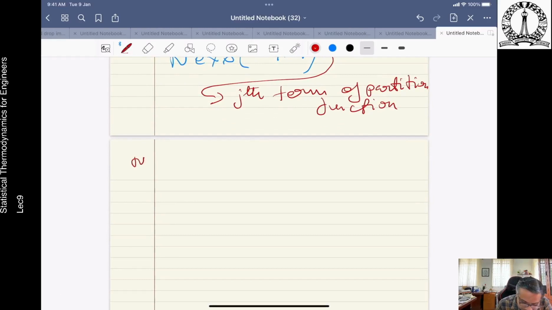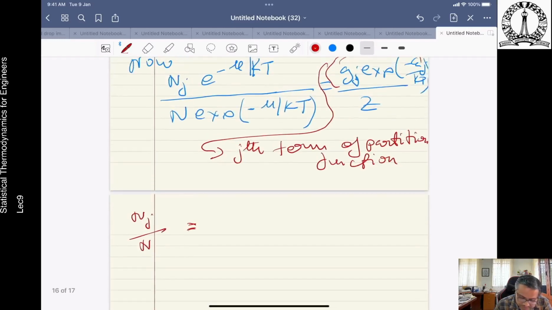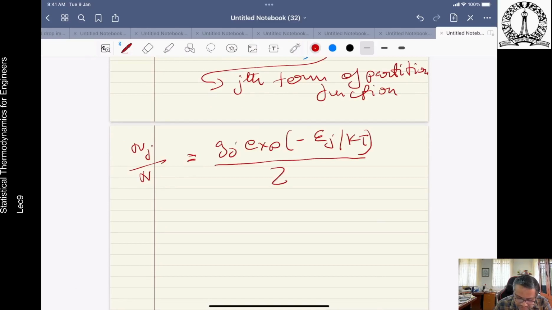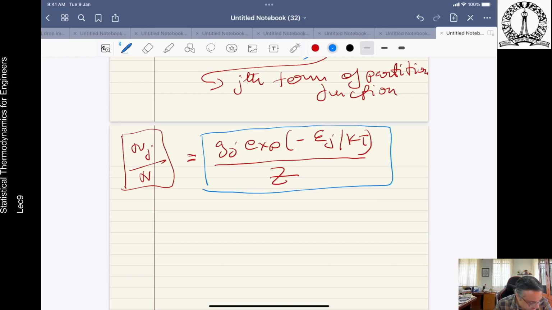So in other words, Nj by N is equal to Gj exponential minus Ej by Kt divided by Z, because the exponential cancels out. So this is like a population fraction, right?